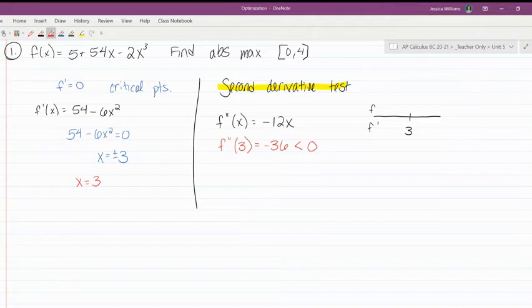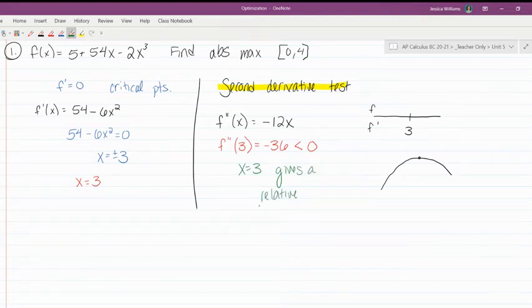So this is a potential max or min, and you are concave down. So if you have a function that levels out and is concave down, what you've just discovered is that it is a relative maximum at that point. So now we know that x equals 3 gives a relative maximum.